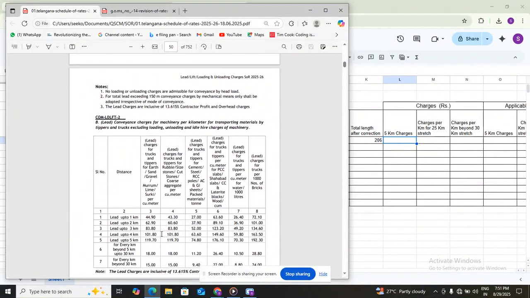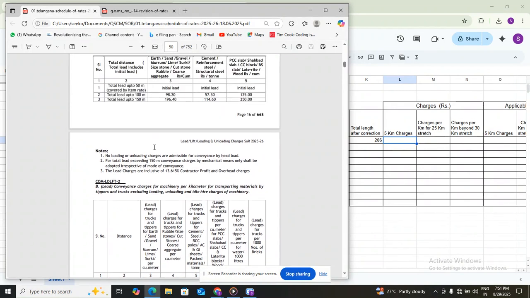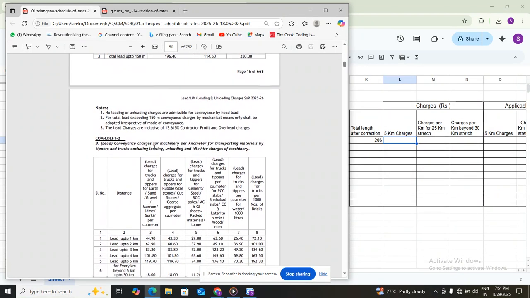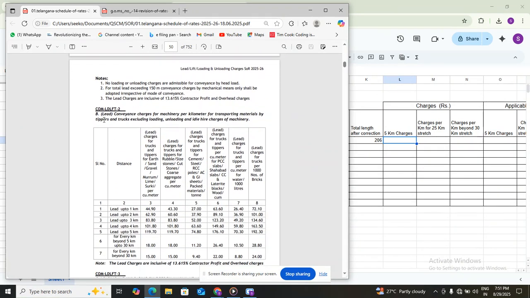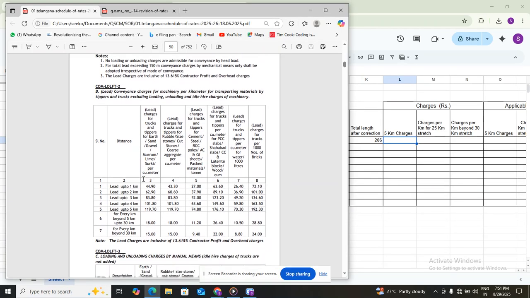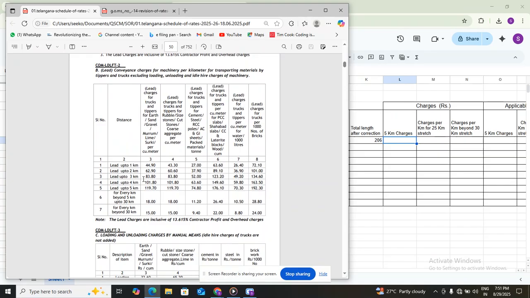This is the lead charges. Conveying charges for the machinery per kilometer for transporting materials by tippers and trucks, excluding loading, unloading, idle hiring charges of machinery. Okay, first we need the distance of 5 kilometers. We have a distance of more than 200 kilometers. That's why we need to go first here. For the first 5 kilometers, how much is it? 119.7.